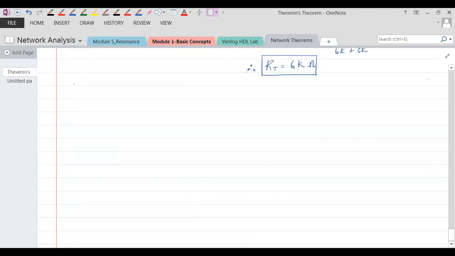Okay, so what we can say is, therefore, Thevenin's network is, here we have found out the Thevenin's voltage, and we have found out the Thevenin's resistance, which is 6 kilo ohm. Fine.